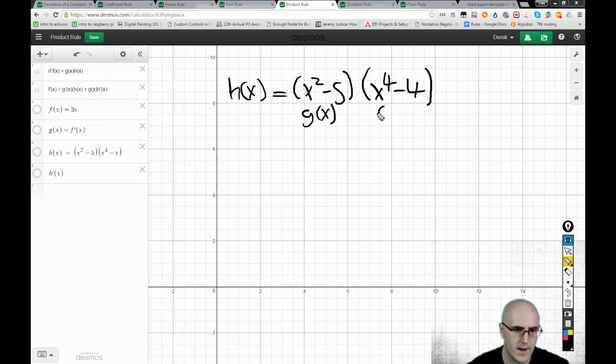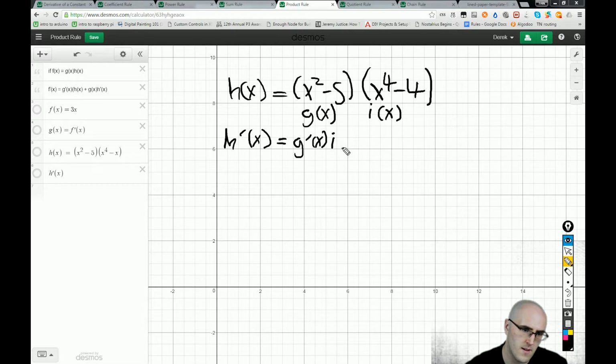Well, we'll call it I of x. So our derivative should have the form of, I'll write it down, so h prime of x should have the form g prime of x times I of x, plus I prime of x times g of x. So let's solve those out.